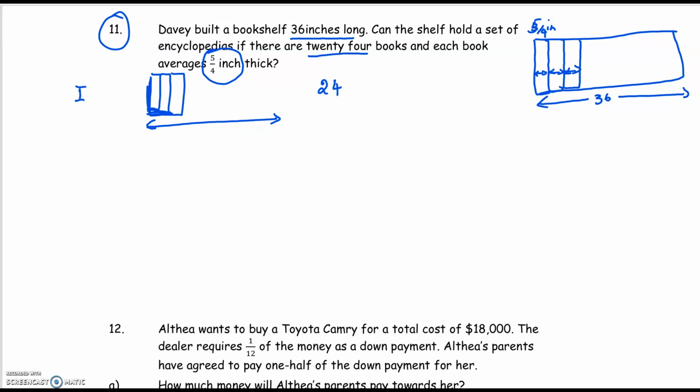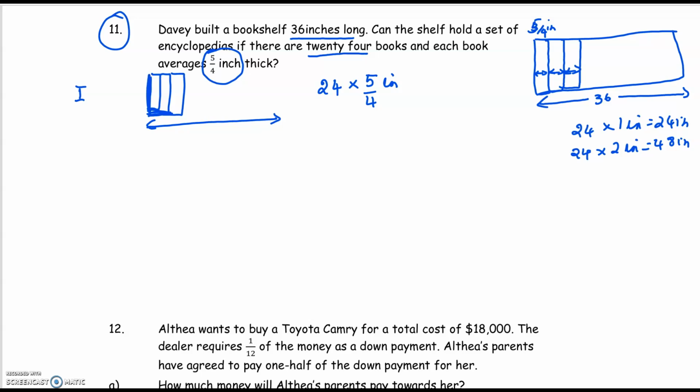So 24 books will be 24 times 5/4 of an inch. If each book was 1 inch, it would be 24 inches. If each book was 2 inches, it would be 24 times 2, 48 inches, if we had to arrange them in that way.